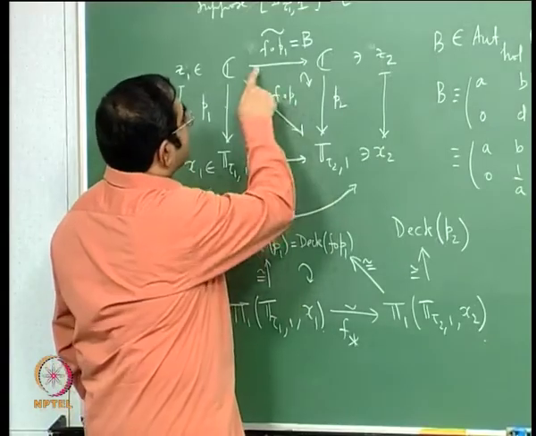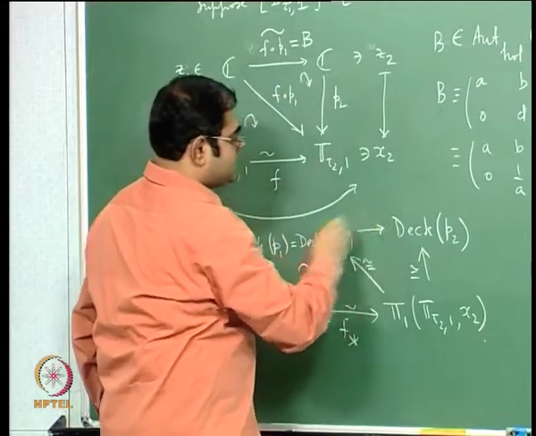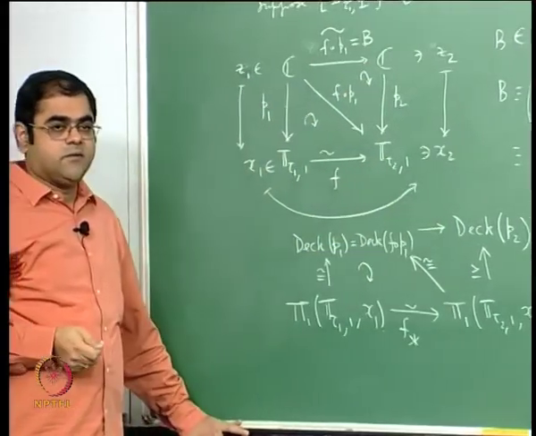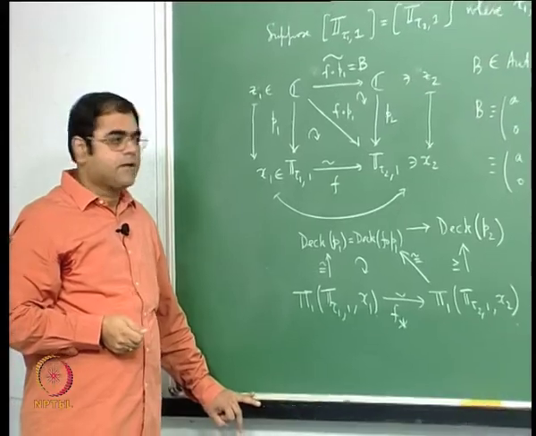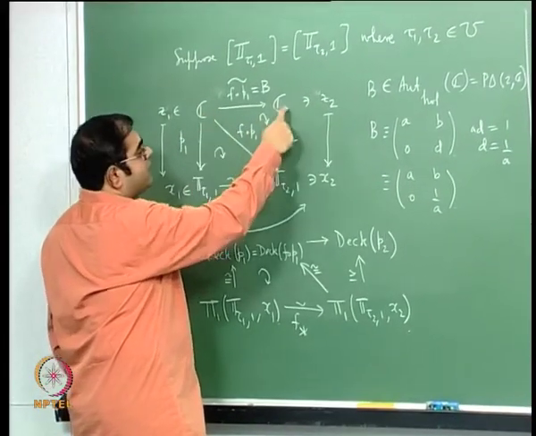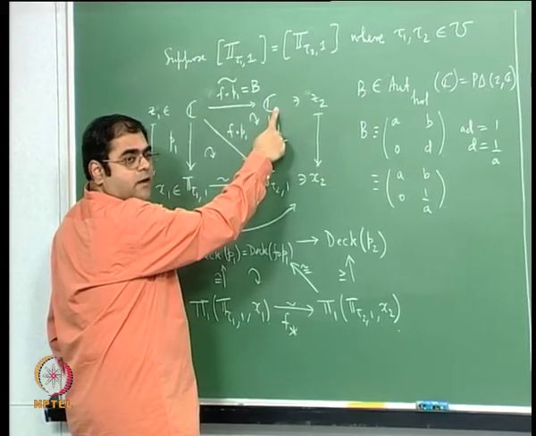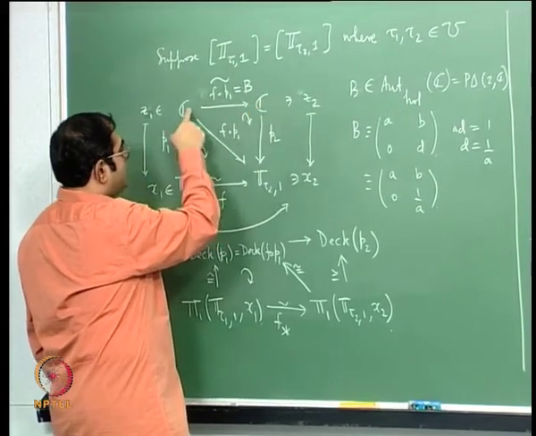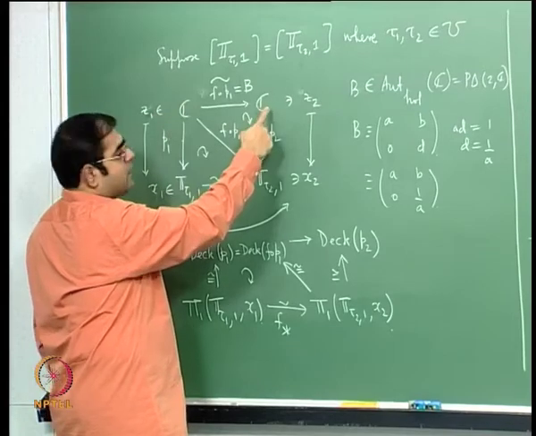And what about this map? This map is just conjugation. If you give me a deck transformation here, how do I get a deck transformation there? I go like this, apply the deck transformation and then come back.